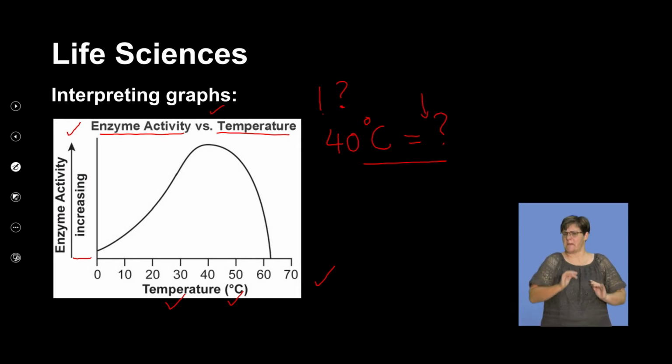And in this case, I've used the example of 40 degrees Celsius. So you've got to identify the variable that has been given to you on the x-axis. So in this case, it's 40 degrees Celsius. You've got to use your ruler and draw a line vertically till it intercepts the graph. And in this case, it intercepts the graph at this specific point. Remember, you've got to have a ruler, and that's important.